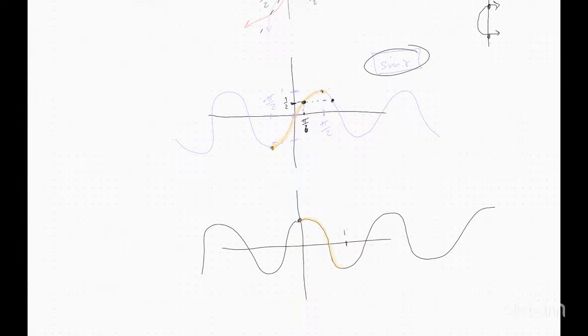This is where the second quadrant starts, if I'm looking at this in terms of quadrants. This is my first quadrant, this is my second quadrant, this is my third quadrant, this is my fourth quadrant, and then it starts over again.